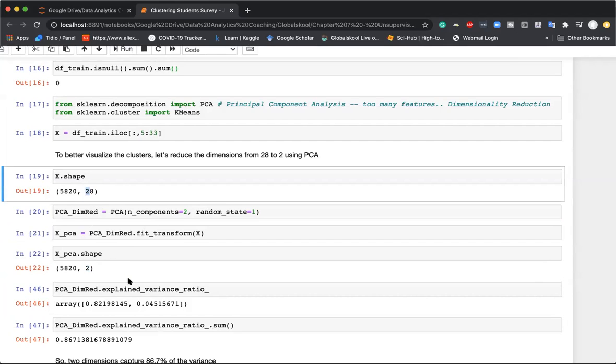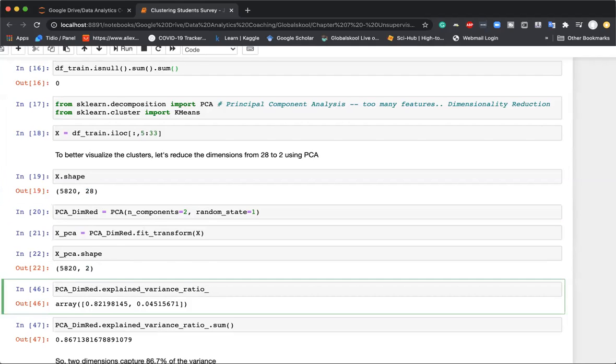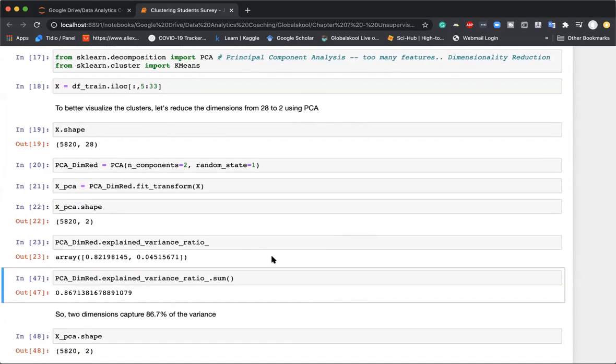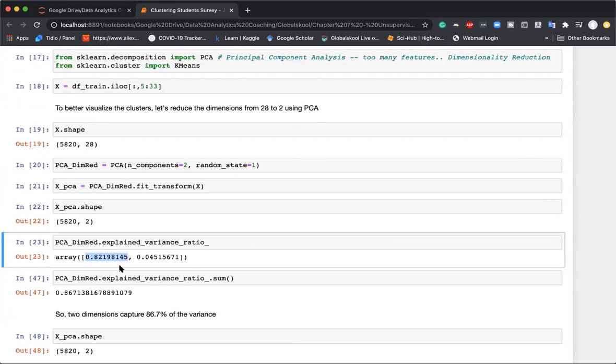So if I look at PCA_dimred.explained_variance_ratio_, I can see that out of the 2 features, feature number 1 captures 82.19% of the variance. So almost 82% of the variance of all the 28 columns is captured within this one column. The second column has a variance of 4.5%.